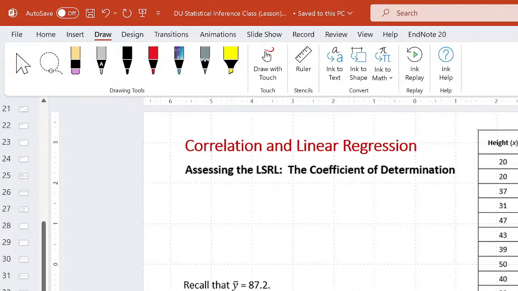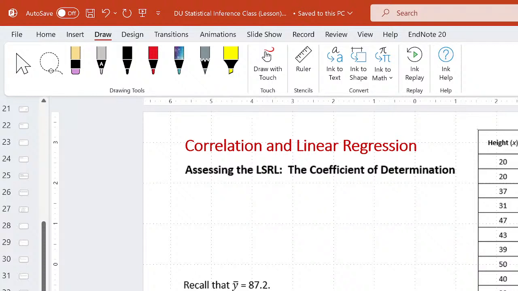Now, Ryan, you were alluding to this a little while ago, it happens to be that that ratio is the square of the correlation. That's not easy to prove, but it is nonetheless.